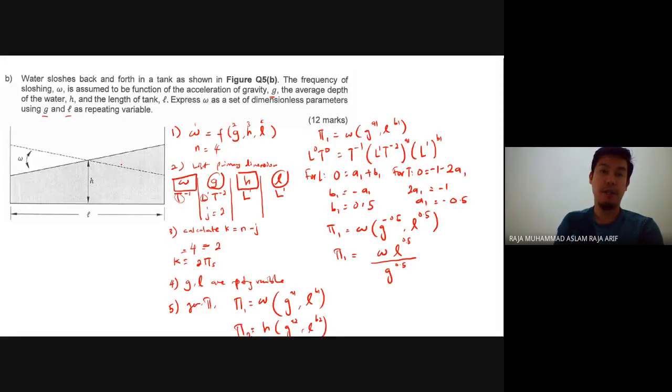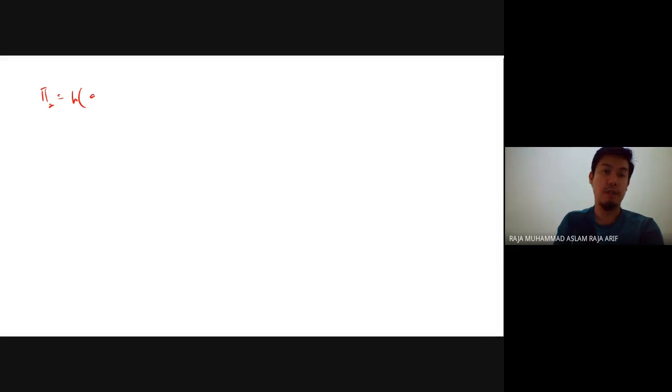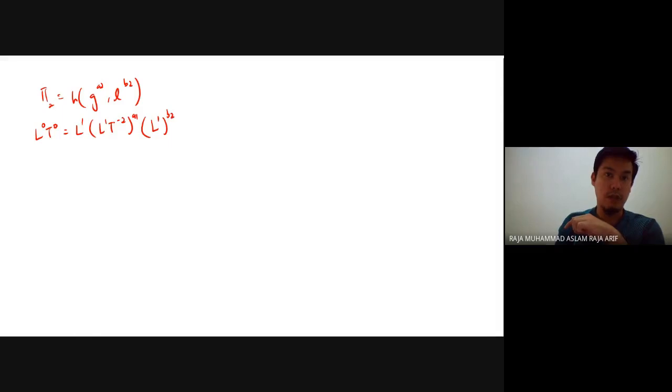And the second pi is h times g^a2 L^b2, and again the same, L0 T0 equals h is L1, g is L1 T minus 2 to the power a2, L is L1 to the power b2.